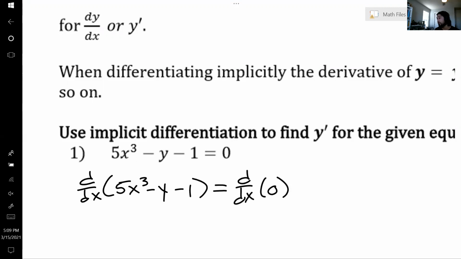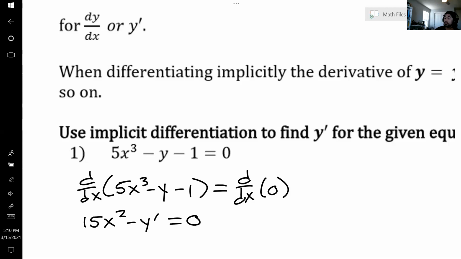So we apply the implicit derivative to both sides with respect to x. Then we take the derivative of 5x cubed, which is 15x squared. The implicit derivative of y with respect to x gives you negative y prime. And the derivative of negative 1 is 0, and the derivative of 0 is still 0.